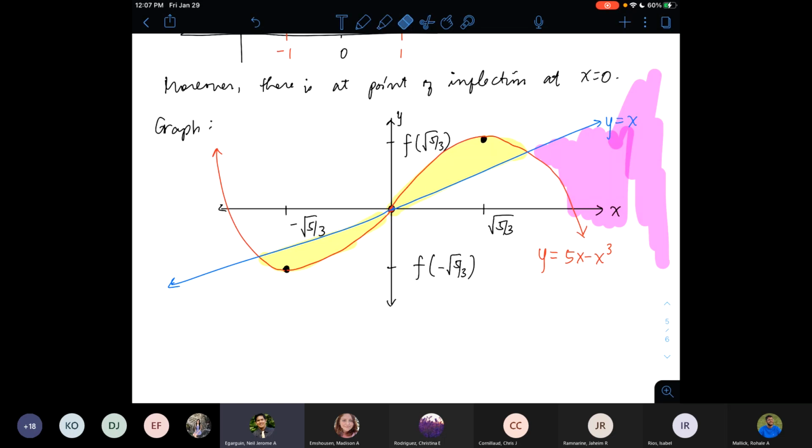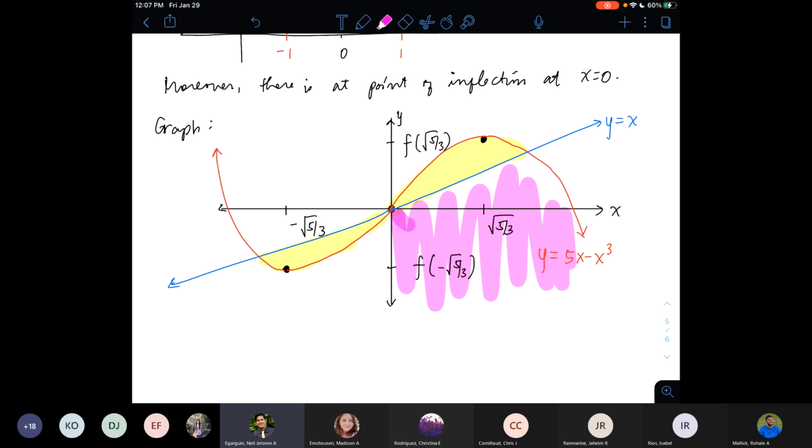So it's not totally enclosed by those two graphs, as well as this one. This portion should not be part of the shaded region because it's not totally bounded or totally enclosed by the two curves. So it's an unbounded region because it goes on forever downward, okay? So that means I only have to worry about these two parts over here.